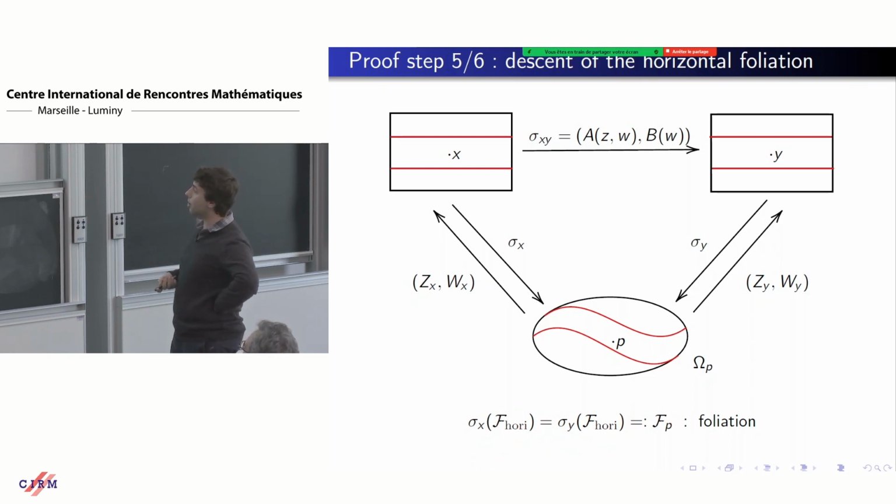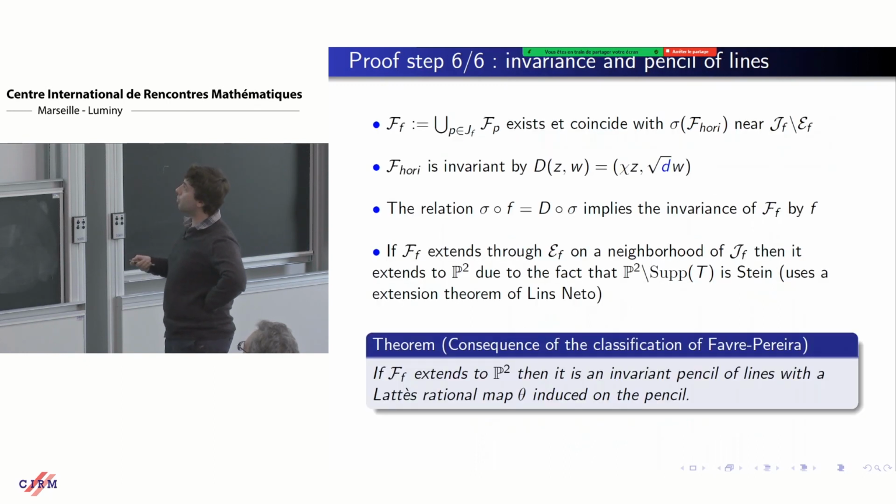So here it is local, but you can do it for every point, and then all your local foliations will patch together to create a coherent foliation that coincides with the image of the horizontal foliation of C2 by the mapping sigma. And then you have almost finished.